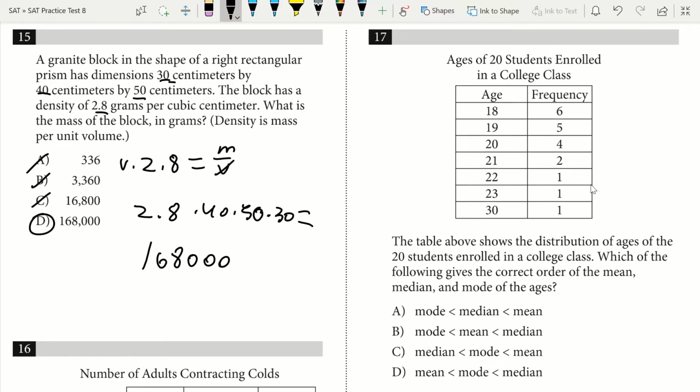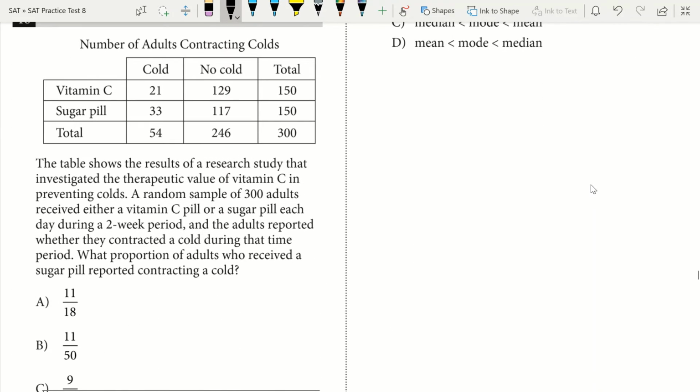All right, question 16. Number of adults contracting colds. The table above shows the results of a research study that investigated the therapeutic value of vitamin C in preventing colds. A random sample of 300 adults received either a vitamin C pill or a sugar pill each day during a 2-week period, and the adults reported whether they contracted a cold during that time period.